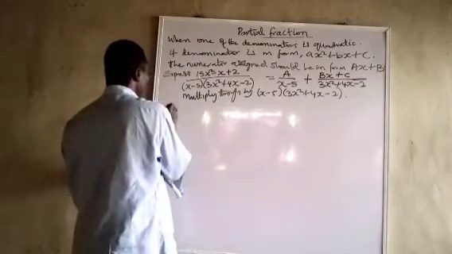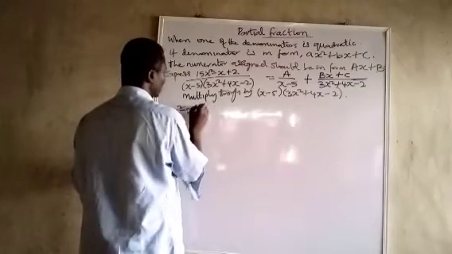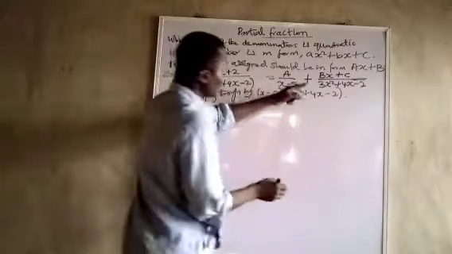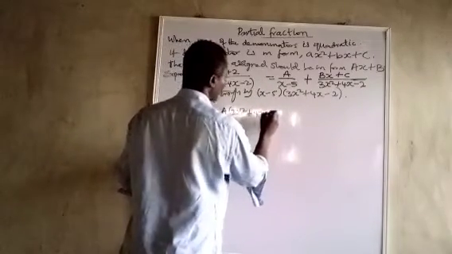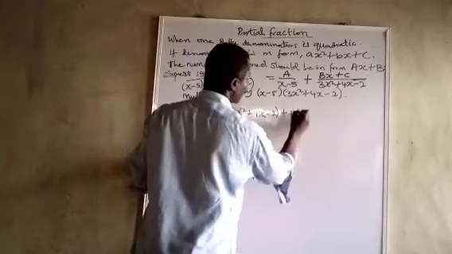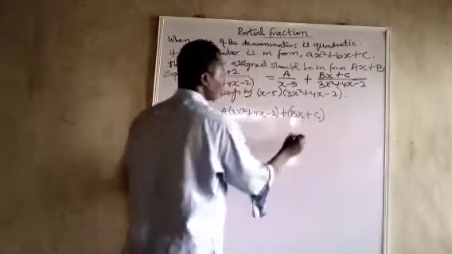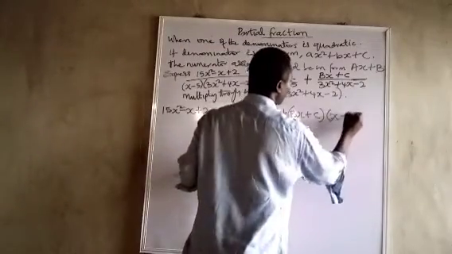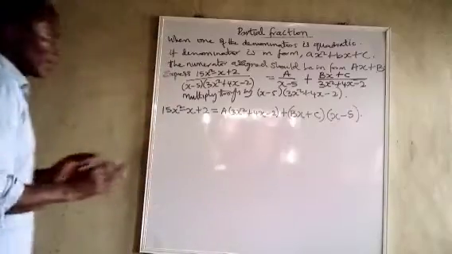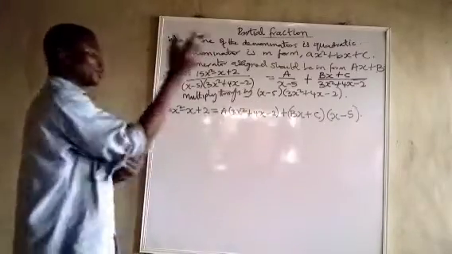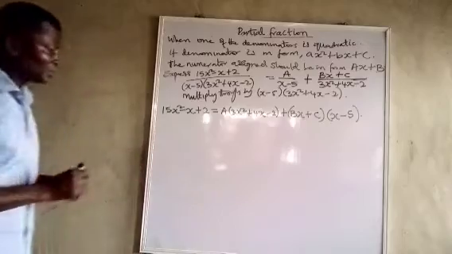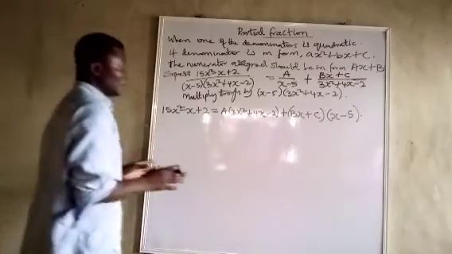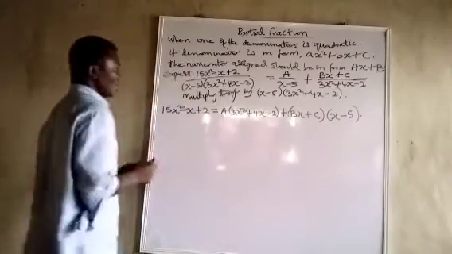Now I have 15x squared minus x plus 2 is equal to A into (3x squared plus 4x minus 2) plus (bx plus c) into (x minus 5). Please, when you work in this pattern, you must be very careful and ensure you don't make mistakes. No matter what step you take, you must be very careful.